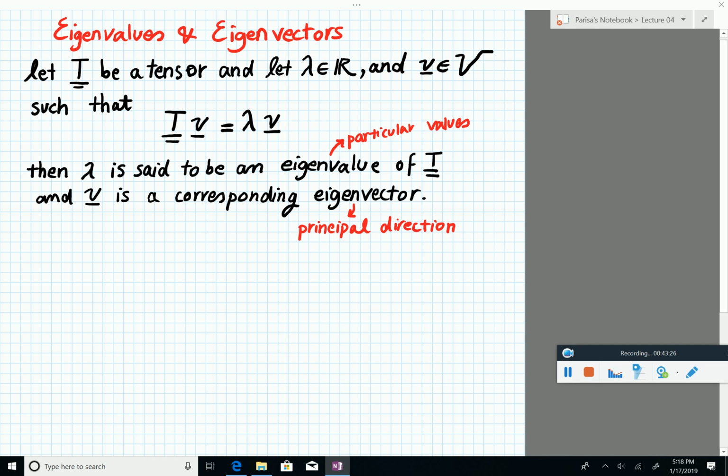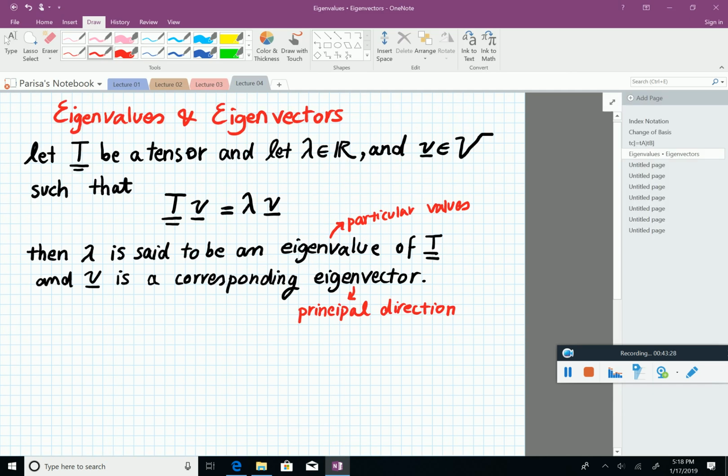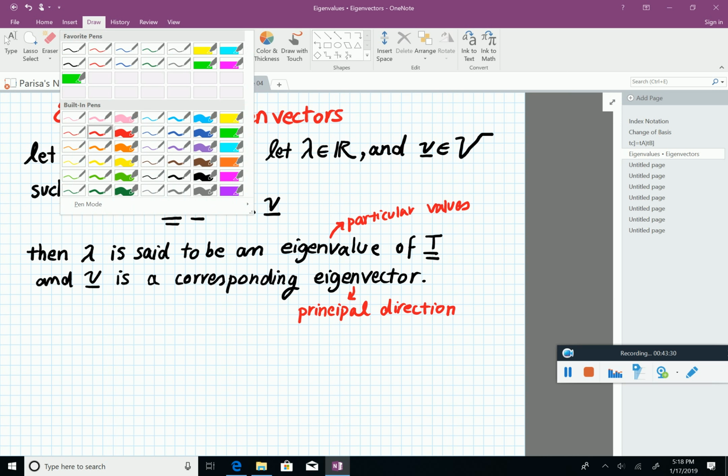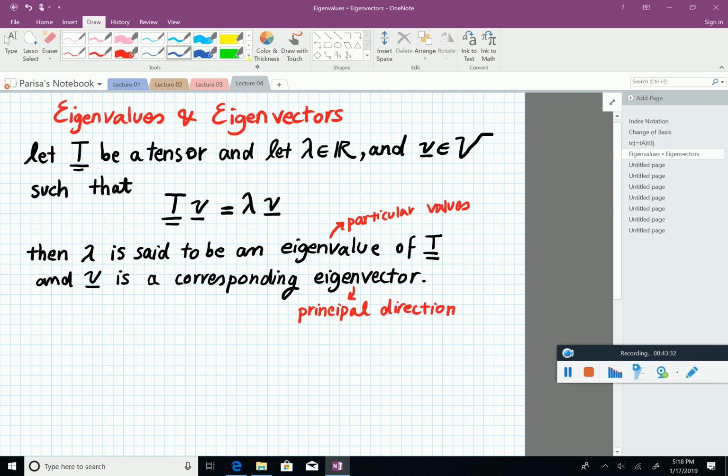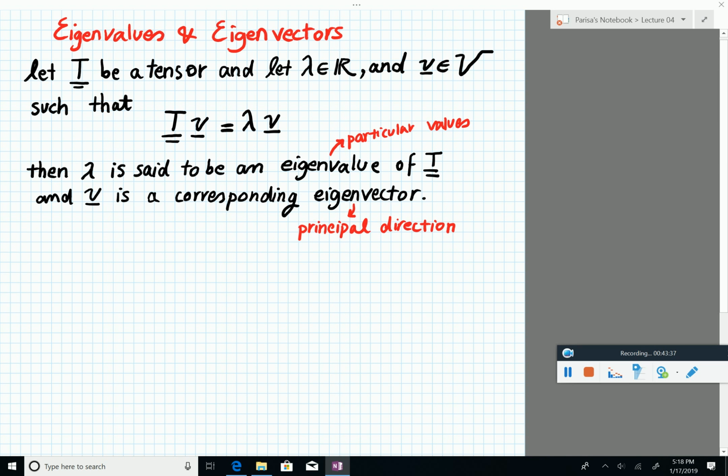So let's just use that. Do you know what the word eigen means, or where it comes from? It's a German word, and it means particular, really. It's more like particular in German.